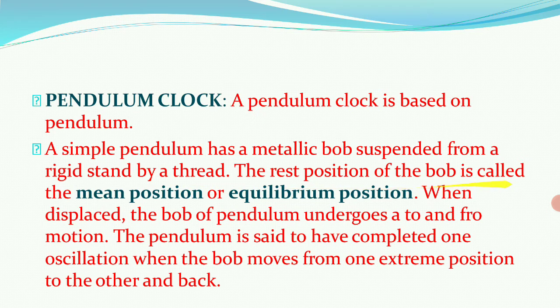The rest position of the bob is called the mean position or equilibrium position. When the bob of the pendulum is displaced, it undergoes to and fro motion. The pendulum is said to have completed one oscillation when the bob moves from one extreme position to the other and back.